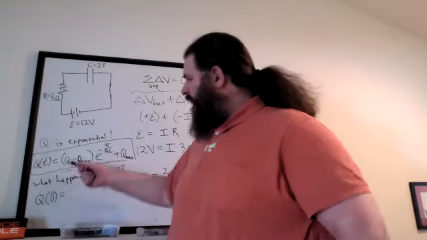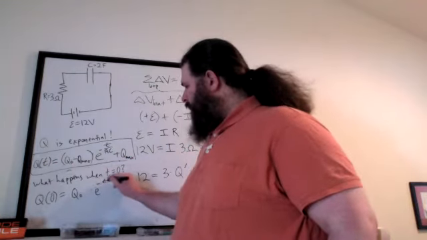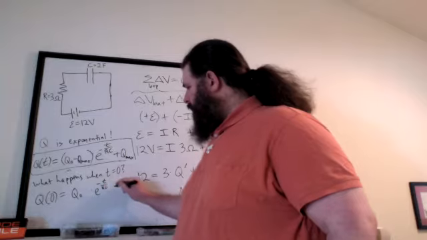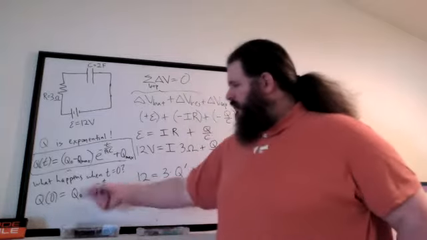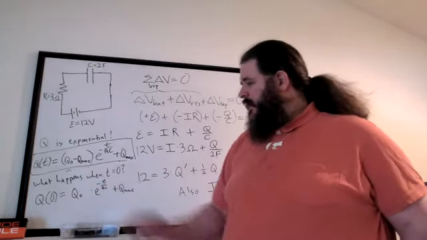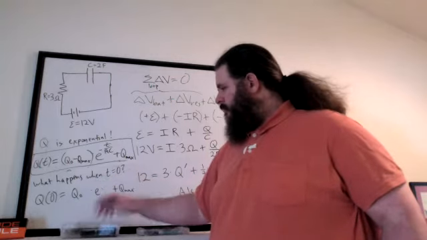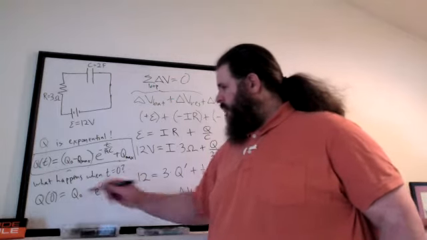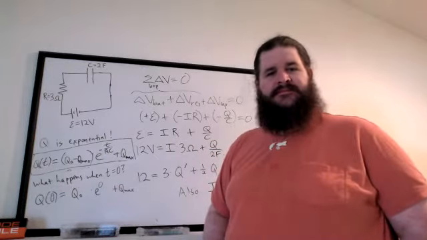let's say we just had a Q naught here. If you just had Q naught times e to the negative t over RC plus Q max, and we plug in 0 for t, what's e to the 0? 1.